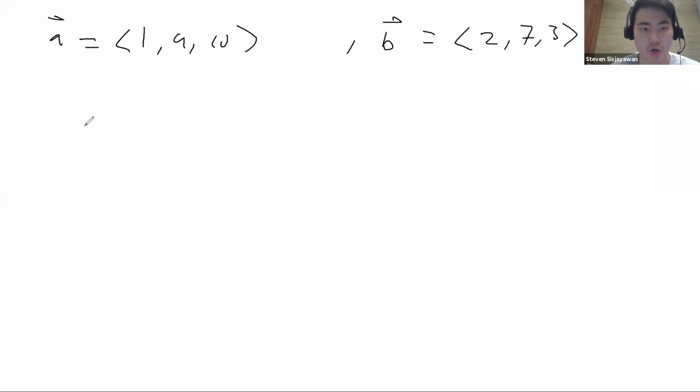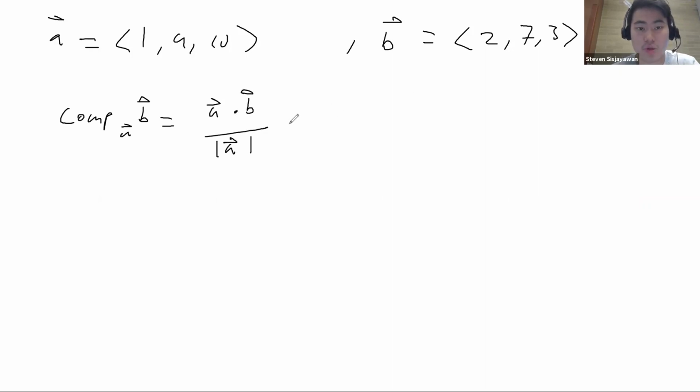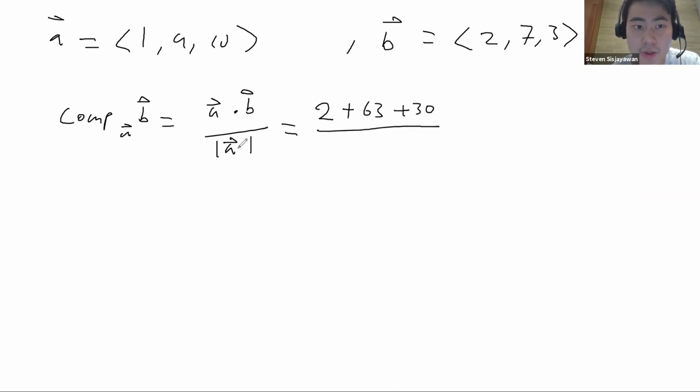All right, so let's start off with the scalar projection of B onto A, which is the same thing as A dot B all over the magnitude of A. So I'll start off with A dot B, which is going to be 2 plus 7 times 9, which is 63, plus 30. All over the magnitude of A, which is going to be what? Square root of, I'll just write it here actually.